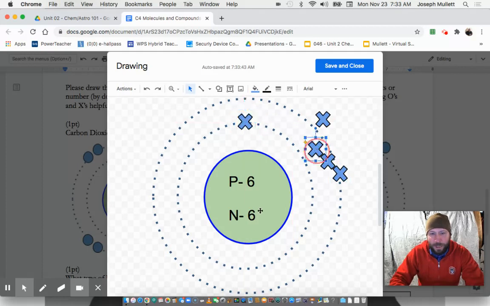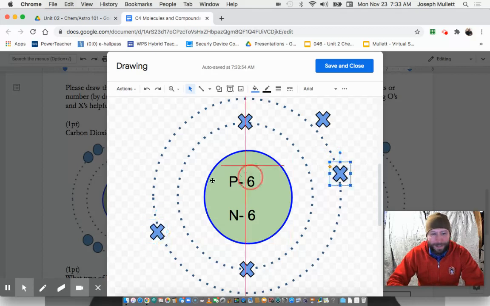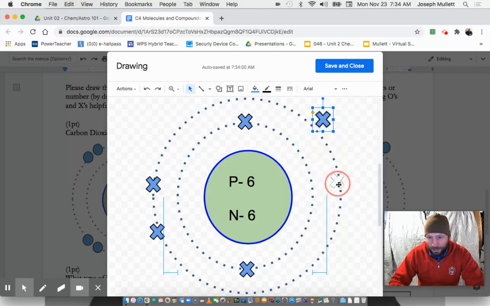Now I'm using X's in this model to represent my electrons because for a moment there, you'll notice I used zeros or circles on the other one. And so I need to set this up. Oop, I need one more.